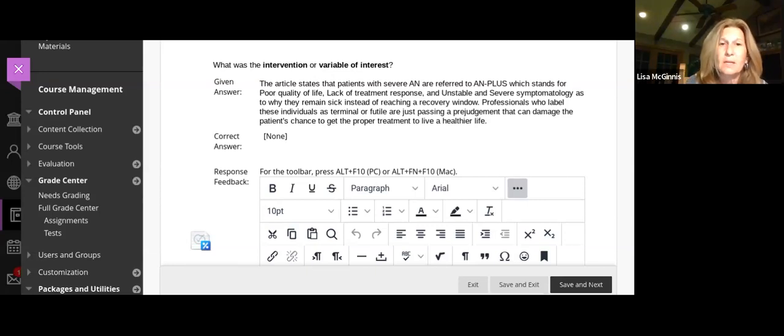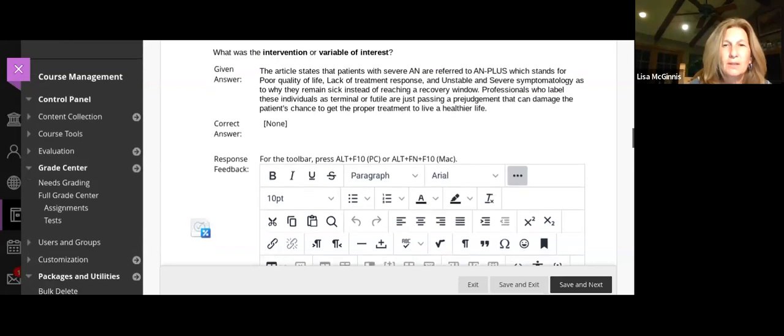So in this case, it says, the article states that patients with severe anorexia nervosa are referred to as anorexia nervosa plus, which stands for poor life quality, lack of treatment response, unstable and severe symptomology, as to why they remain sick instead of reaching a recovery window. Professionals who label these individuals as terminal or futile, are just passing a prejudgment that can damage the patient's chance to get proper treatment to live a healthier life.